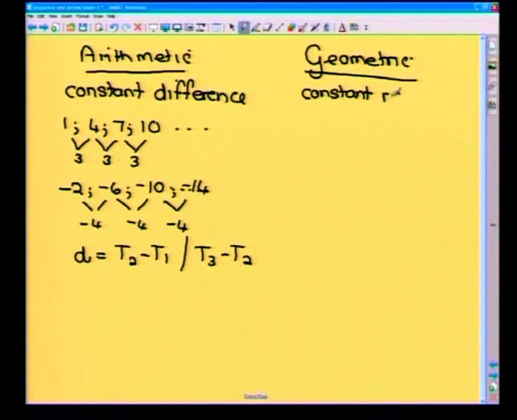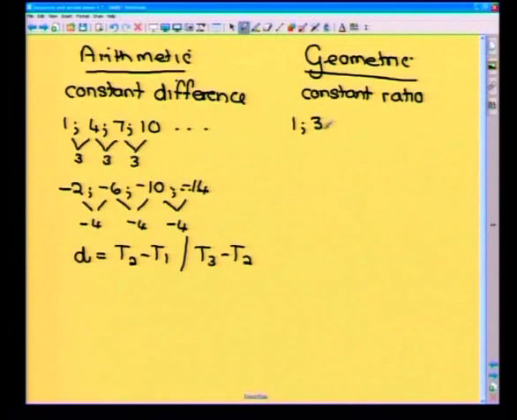Now, I personally believe that it's better for you to work with these 2 sequences simultaneously, because they're not different. The formulas are different, but what happens is not different. The fact that we're working out a term, no matter what we're looking at, doesn't make a difference whether we have arithmetic or geometric. So looking at a constant ratio, an example of that would be something like this.